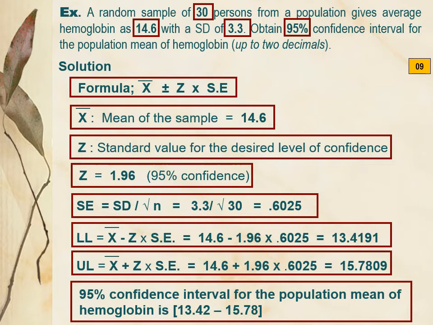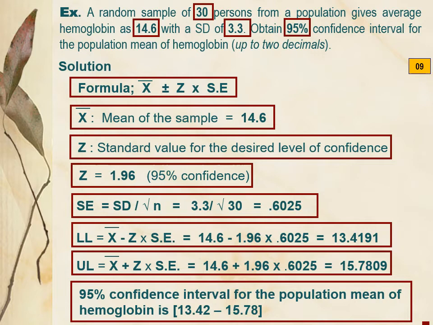If you select a sample of size 30 from this population and obtain the average of the hemoglobin level, 95 out of 100 times your mean will lie between 13.42 to 15.78. Or you can also say that you are 95% confident that the population mean lies between 13.42 and 15.78. This is known as the confidence interval. The level of confidence is 95%, and therefore it is a 95% confidence interval.